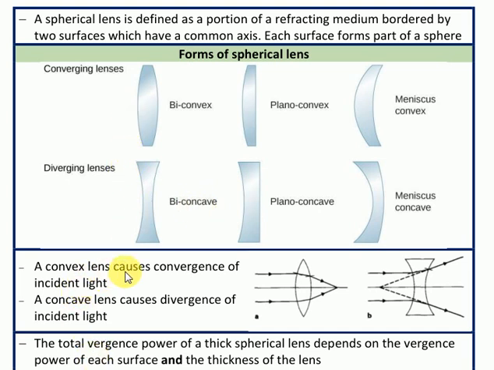A convex lens causes convergence of incident light as shown in this figure, whereas a concave lens causes divergence of incident light as shown in this figure. The total divergence power of spherical lens depends on the divergence power of each surface and the thickness of the lens.